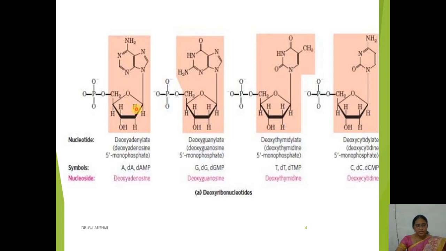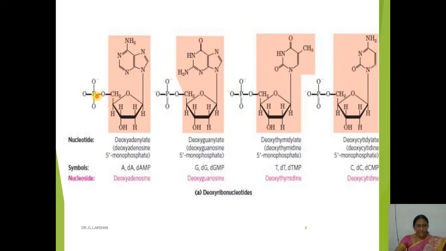When a sugar moiety is attached to other functional groups, the bond is called a glycosidic linkage. So, purines are attached to sugar molecules with their ninth position to the first position of the carbon atom. All remember that the ninth position is attached to the first position of the sugar moiety. This is the linkage of the base with the sugar.